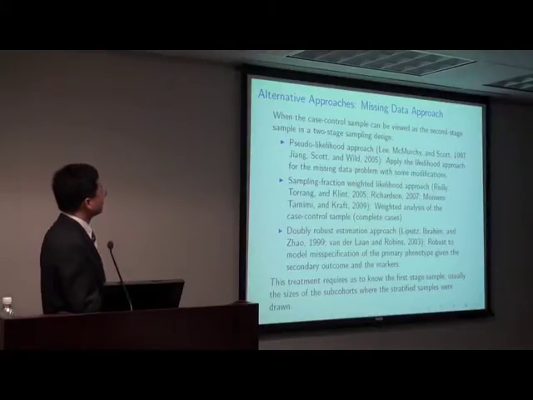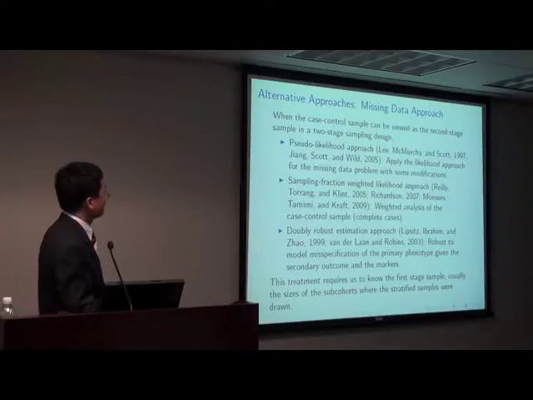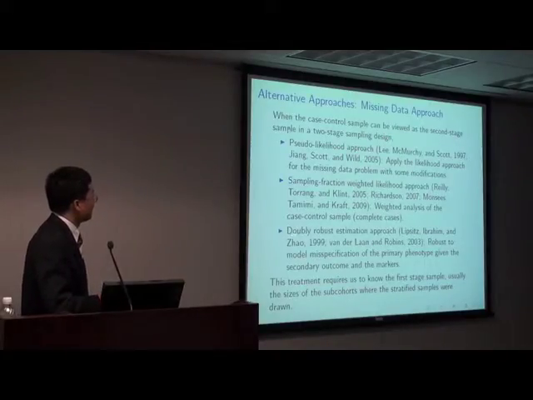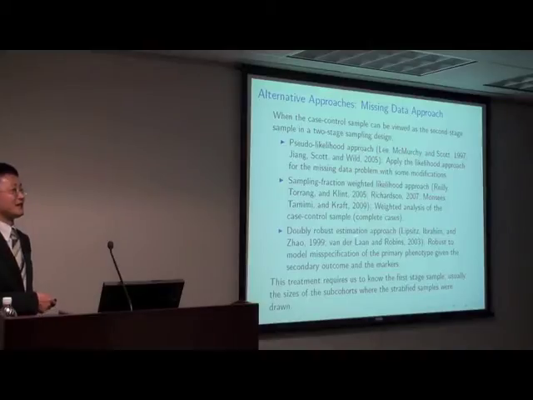Those methods include the pseudo-likelihood approach, the weighted likelihood approach, and a somewhat fancy approach called the doubly robust estimating approach. Those are all missing data approaches. But there's one requirement in order to use this missing data approach.